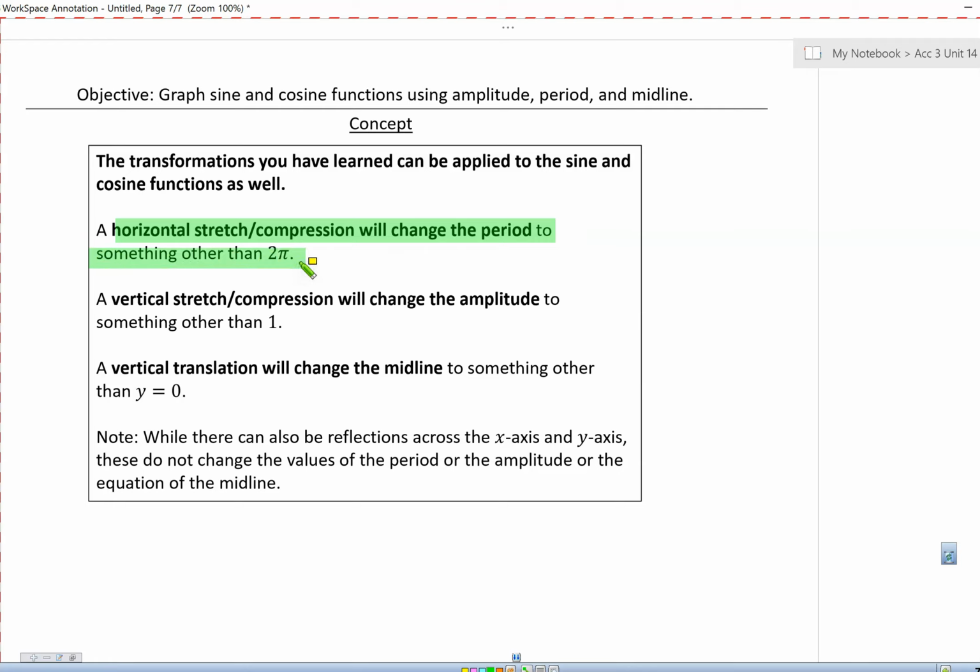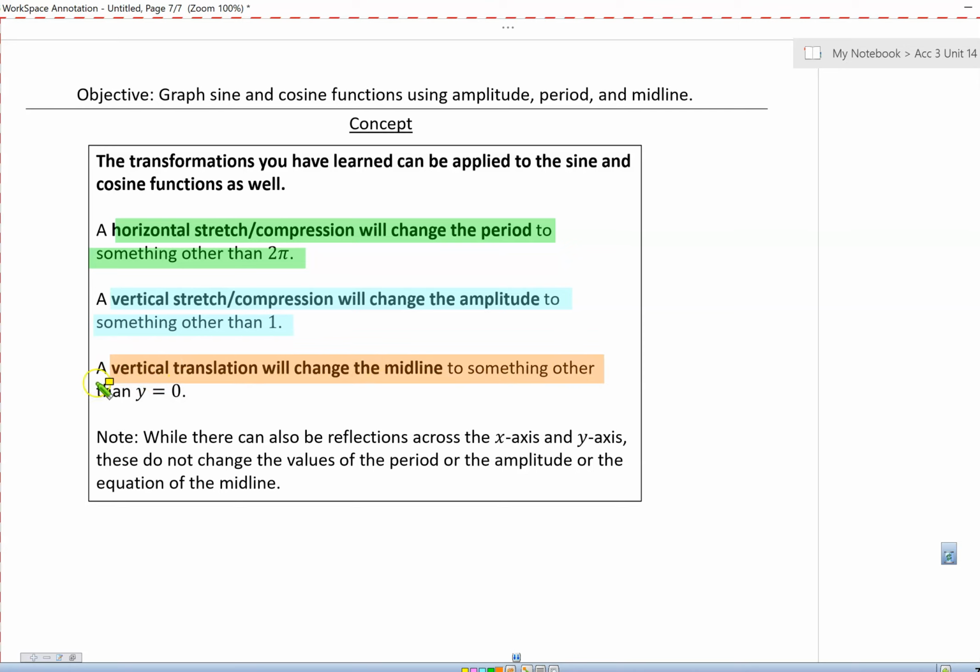When the amplitude changes to something other than 1, that means we have a vertical stretch or compression. And if we have a vertical translation, that is a change in our midline.